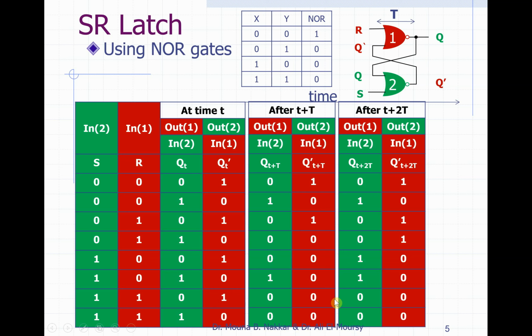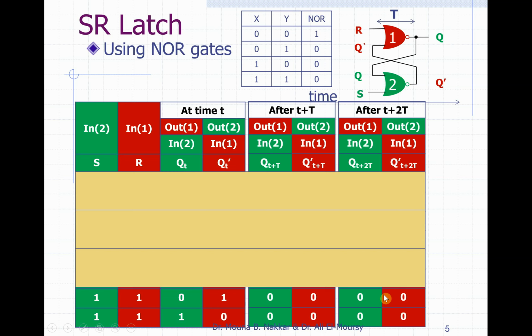The last case here is a very weird case. As you can see here, in this case I'm setting S and R to 1s. Again, if I analyze the circuit, I have Q 0 or 1. In both of those cases, Q equals 0, which may deceive you into thinking that it is the case of writing 0 in the cell.